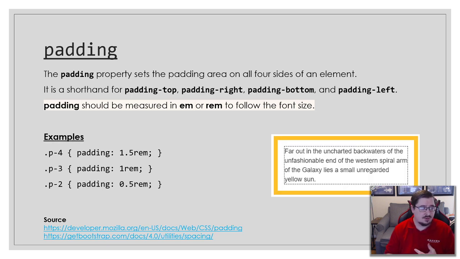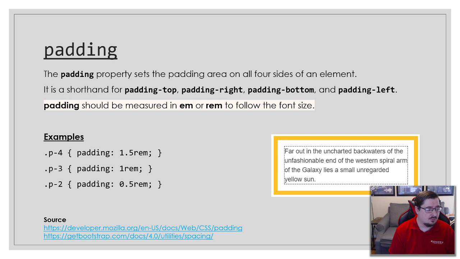Similarly with padding, you can specify all four sides at once using the padding property, or you can specify the individual sides one by one. Padding should also be measured in EM or rem. Either one works. Again, for the same reason, padding needs to follow the size of your text for readability purposes.